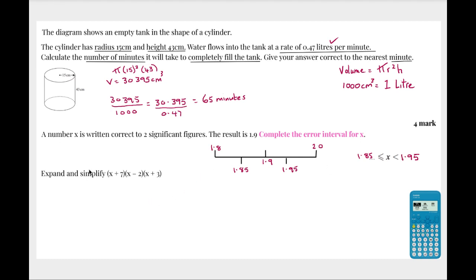Same with this one. You've got 3 brackets. Don't panic. We're going to work these 2 out first so we can break it down back into 2 brackets like you used to. So we're going to expand them out. x squared minus 2x plus 7x minus 14.